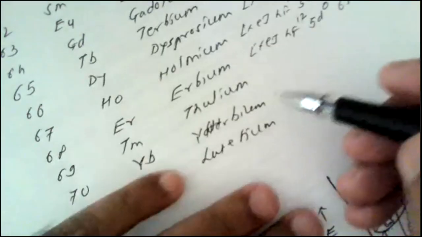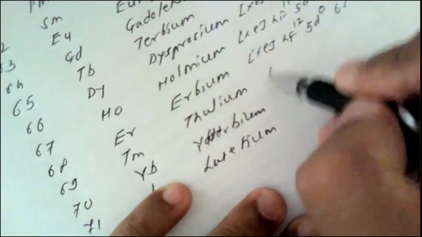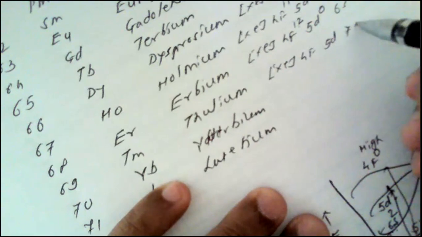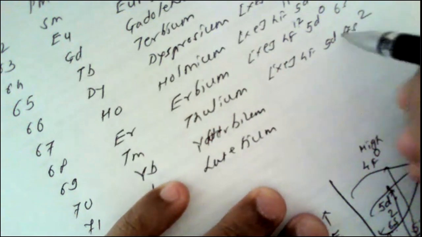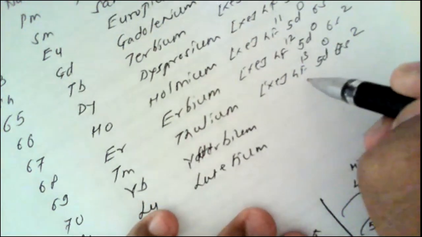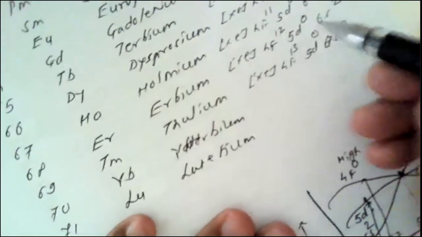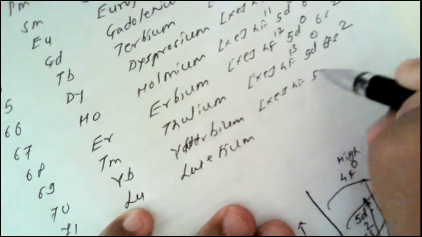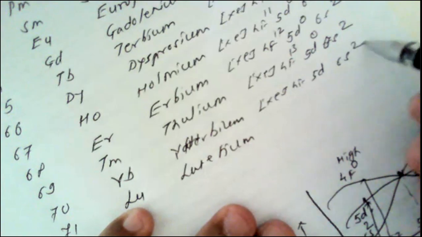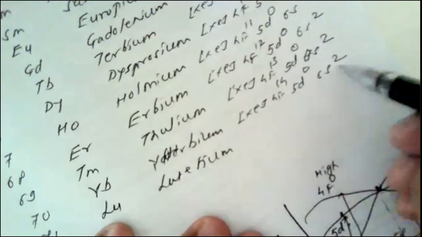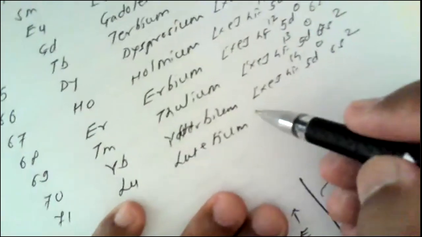So 56 plus 12 is 68. Then 69, thulium, xenon 4f 5d 6s, 6s2 5d0 4f13. So 56 plus 13 is 69. Come to ytterbium, xenon 4f 5d 6s: 6s2 5d0 4f14. So 56 plus 14 is 70.